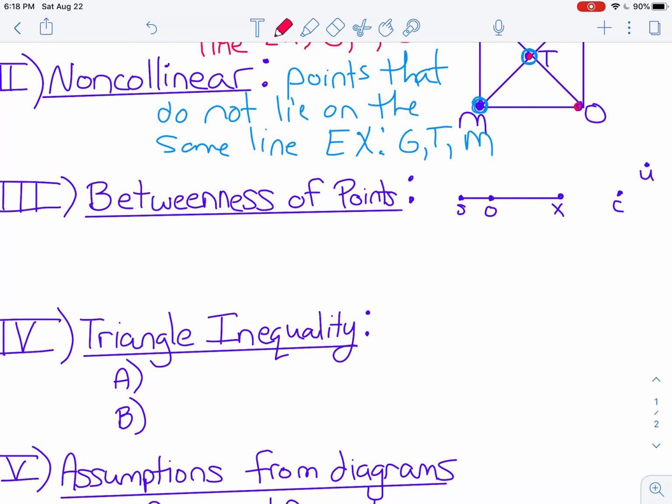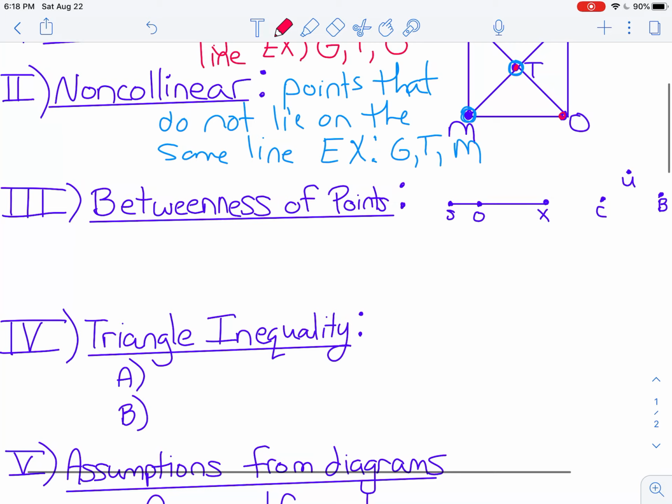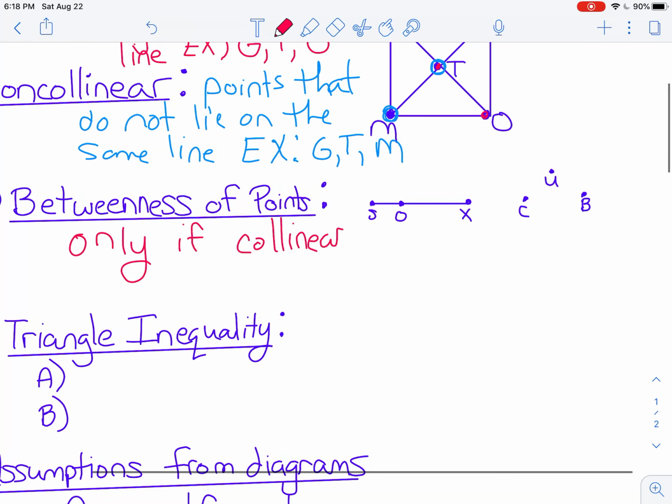The third thing is betweenness of points. Okay, so we can say that points are between other points only if they are collinear. So I put two examples off to the side, example 1 and example 2.